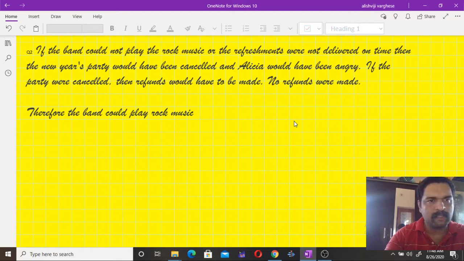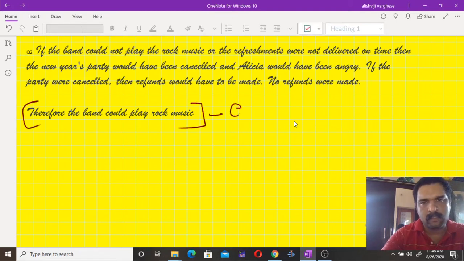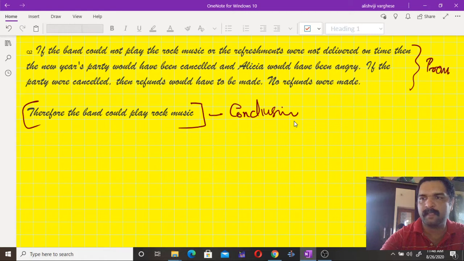So we have to check whether the final conclusion, the band could play the music, is logically obtained from our set of premises.